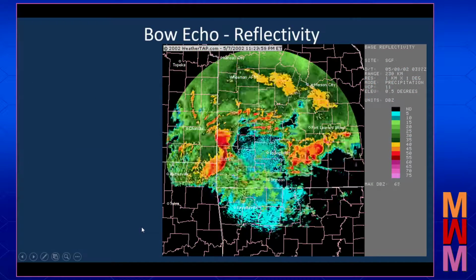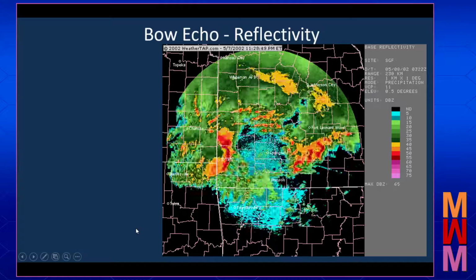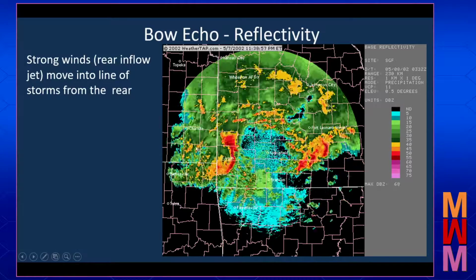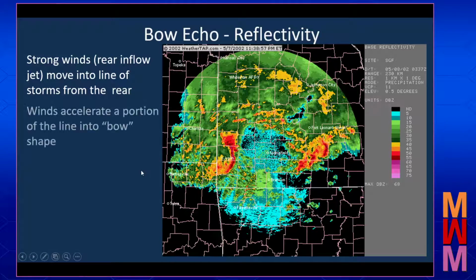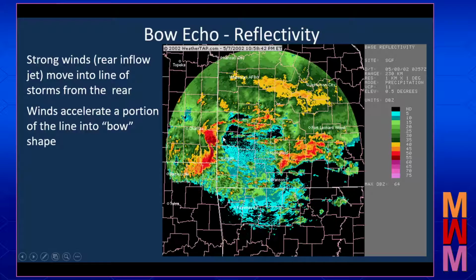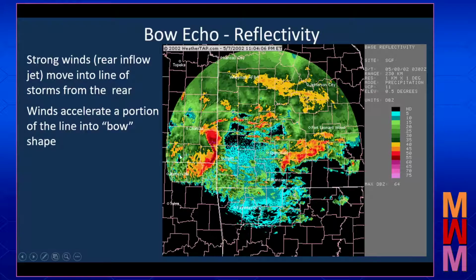This is an example of what's called a bow echo. And bow echoes form when we have an area of strong winds called a rear inflow jet that comes moving into the backside of the line of storms that we see here moving into southwest Missouri. Now, as those strong winds move in to the backside of the line, they'll accelerate a portion of this line forward and form this sort of bowed out shape like we see with the line here.